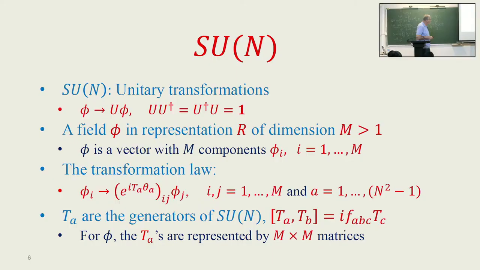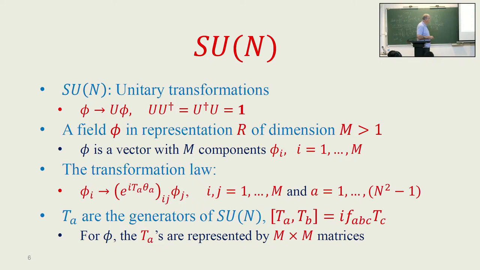Ta are fixed matrices of a size that depends on the dimension of the representation. For doublets, Ta would be 2 by 2 matrices. For triplets, Ta will be 3 by 3 matrices. For octets, which is a vector of 8 components, Ta will be 8 by 8 matrices, etc. And theta a are real numbers. In a local symmetry, functions of spacetime. In a global symmetry, just real numbers.